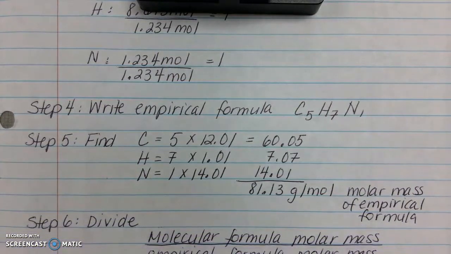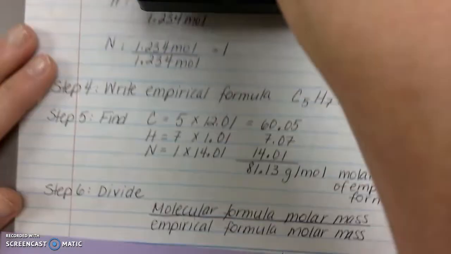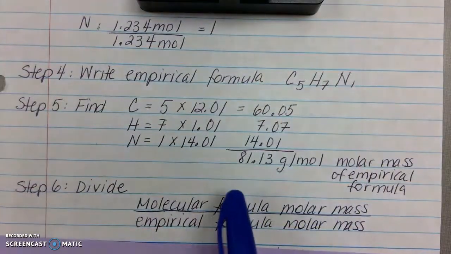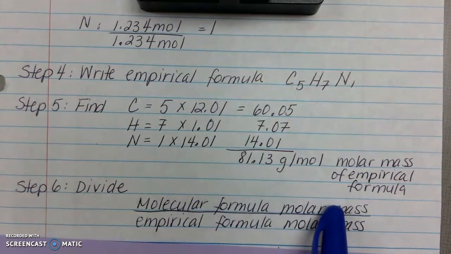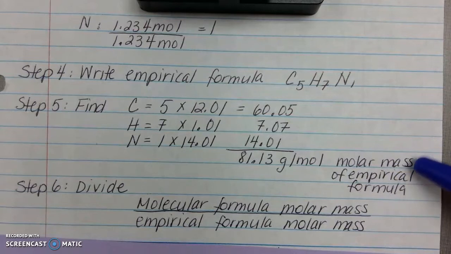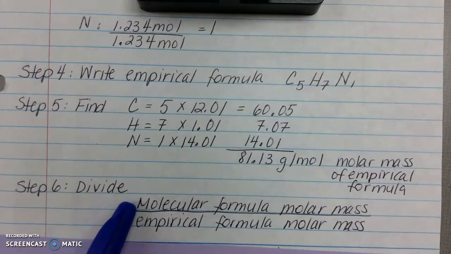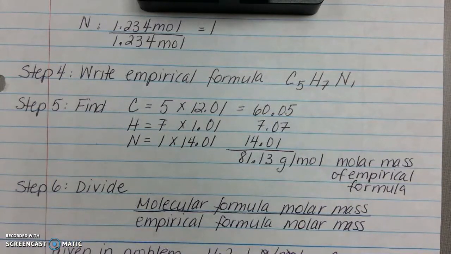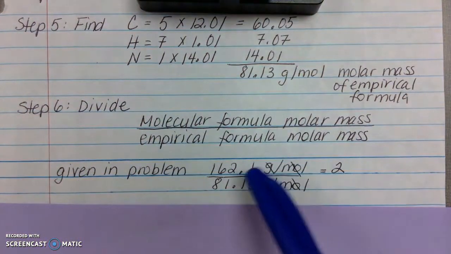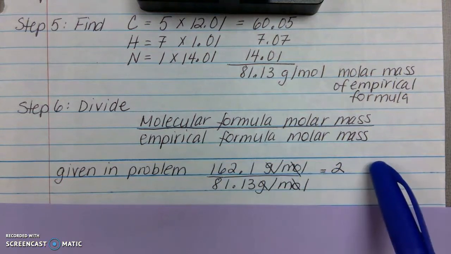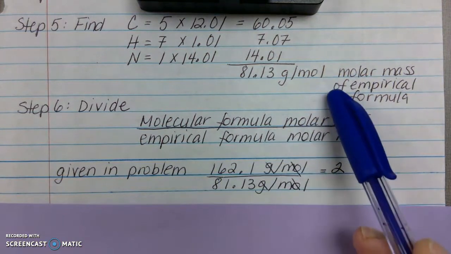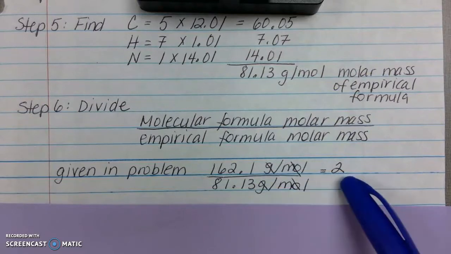Step 6 is going to require you to divide the molecular formula molar mass by the empirical formula molar mass, excuse me, tongue twister. So I've got my value from what I've been given in the question. There you go, just a reminder. Given in the question is 162.1 grams per mole. This is what I calculated for the empirical molar mass. These units cancel out, and I get the numerical value of 2.